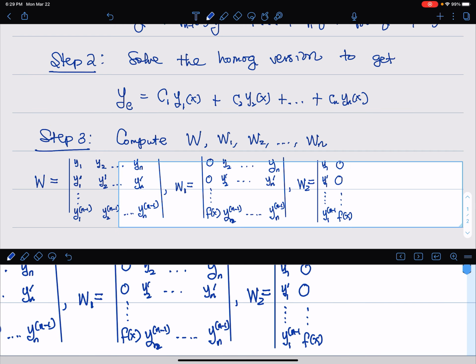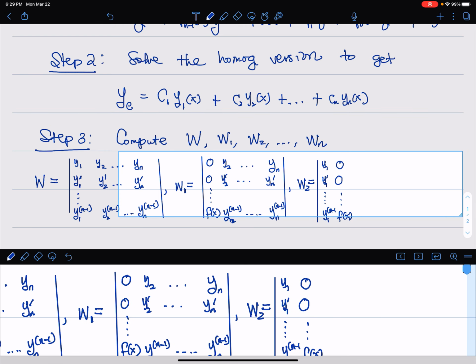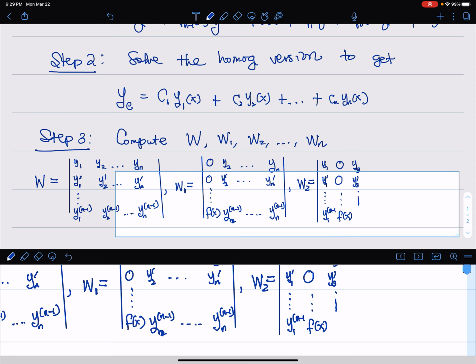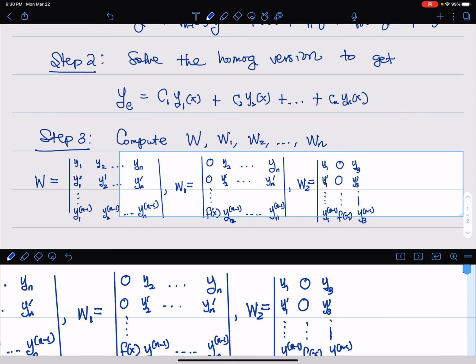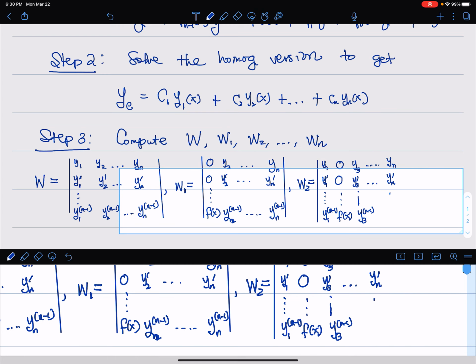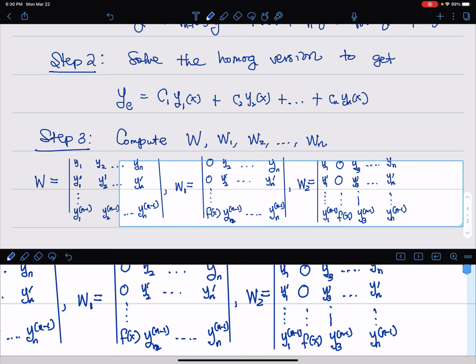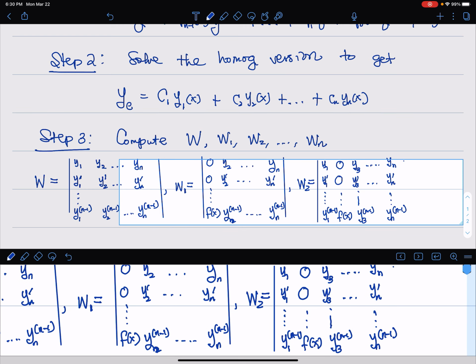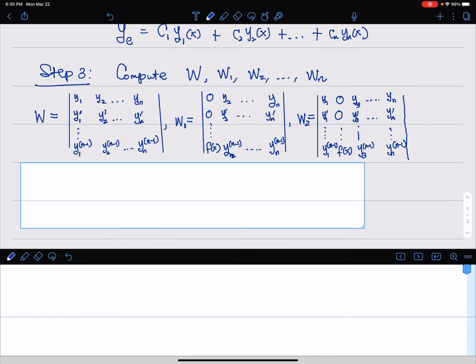And then the remaining columns are just the same kind of thing: y3 prime all the way to y3 n minus 1, and then all the way to yn prime, yn n minus 1. Okay, so that's W2. You define W3 in a similar fashion, and Wk.